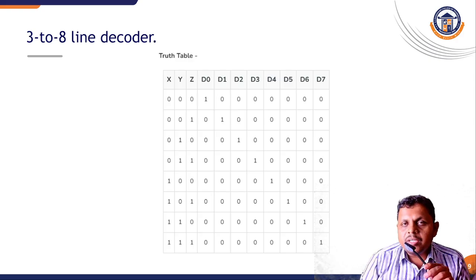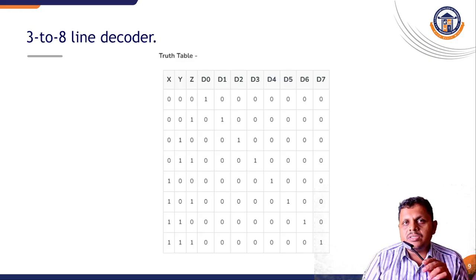And this is the example for a 3 to 8 line decoder truth table. Here, opposite of the encoder, we are giving 3 inputs and getting 8 outputs. And for example, with 4 inputs we obtain 16 outputs. Like that, it is opposite to the encoder.